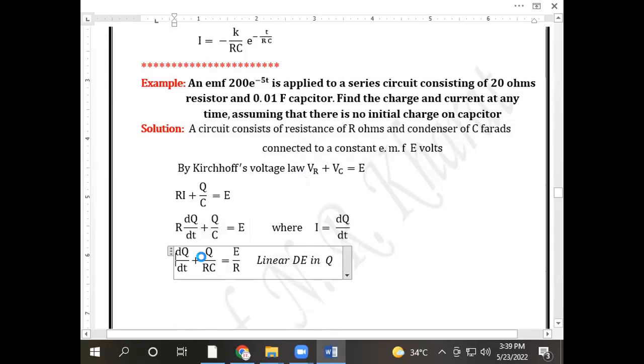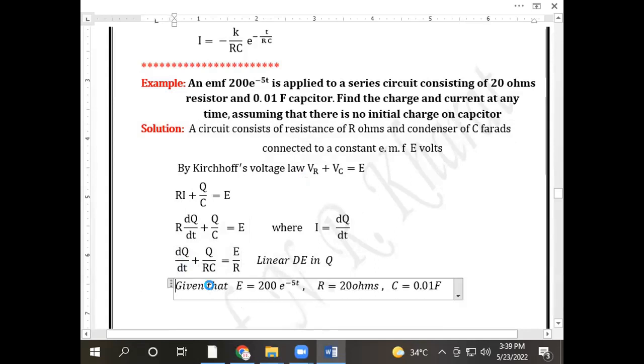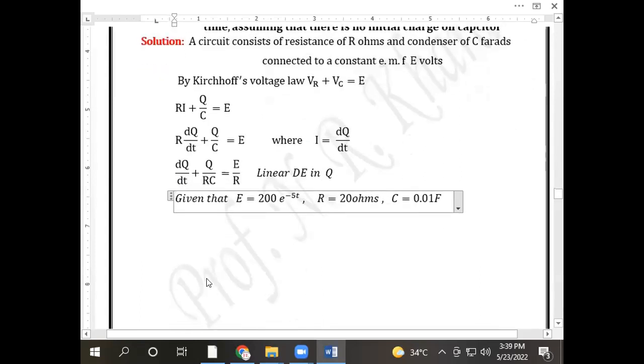Dividing the entire differential equation by R, we get dq upon dt plus Q upon RC is equal to E upon R. Then we have to put the values of R, C and the applied EMF in the given circuit.